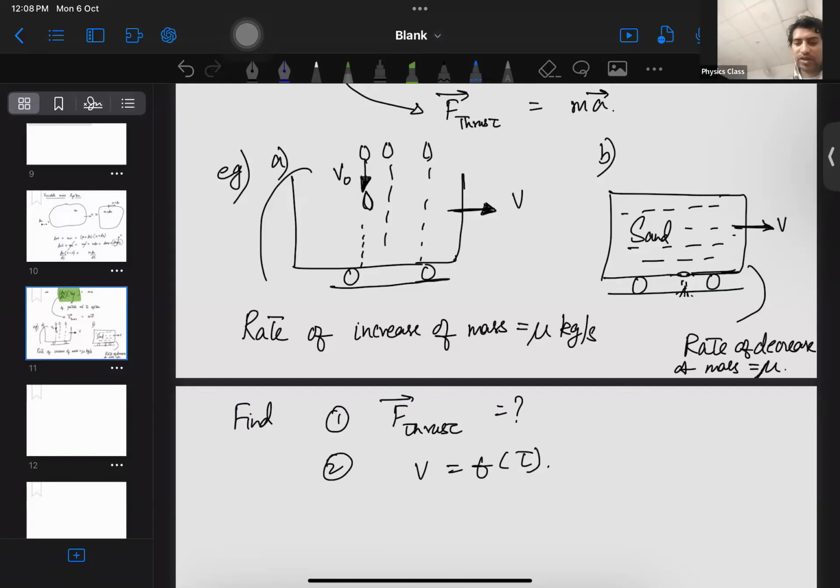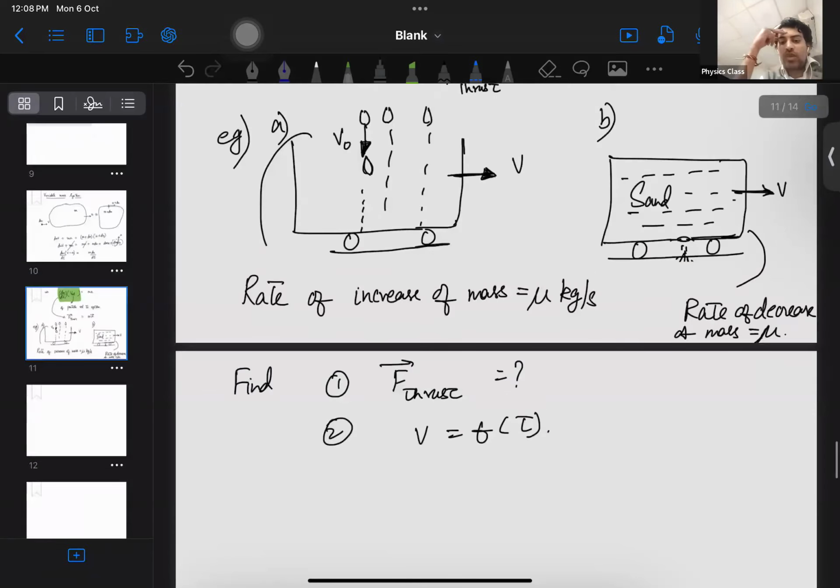Okay, let's take the first case. So these particles which are hitting, and we will have to take the initial mass of this system over here. Let's say that initial mass is equal to capital M, and as time passes, the mass will keep on increasing over here.